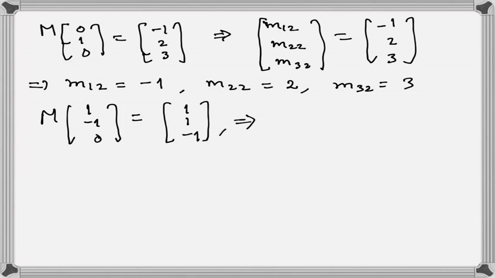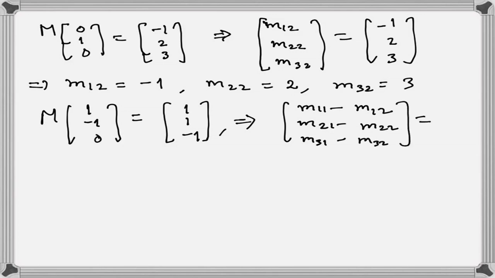If you multiply M with (1, minus 1, 0), you get M11 minus M12, M21 minus M22, M31 minus M32, equal to (1, 1, minus 1).